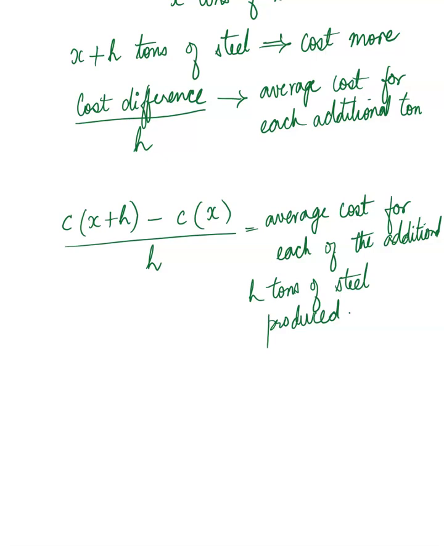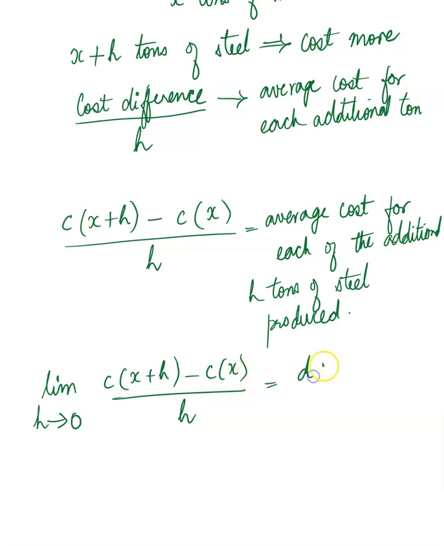And so when we try to take the limit of this ratio, because you're trying to find the marginal cost, right? So if you want to find the marginal cost, then you have to allow that H to be 0, meaning you don't have any extra. What happens if you didn't produce extra? So the marginal cost is the limit of C of X plus H minus C of X all over H. Remember, this is limit of the difference quotient, basically. Right?